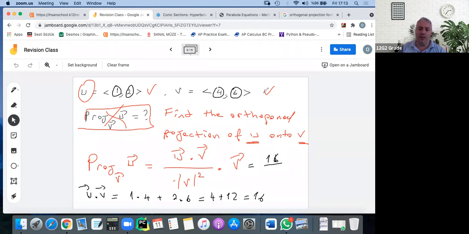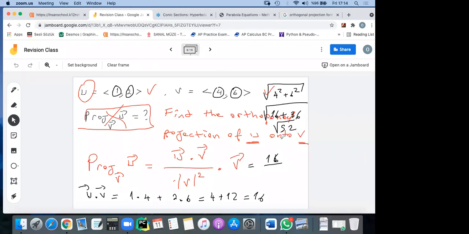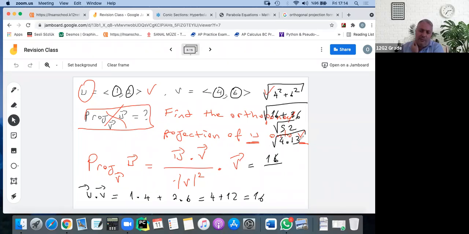The norm is the square root of 4 squared plus 6 squared, which is the length. Square root of 16 plus 36 is root 52, which is 4 times 13, so 2 root 13.